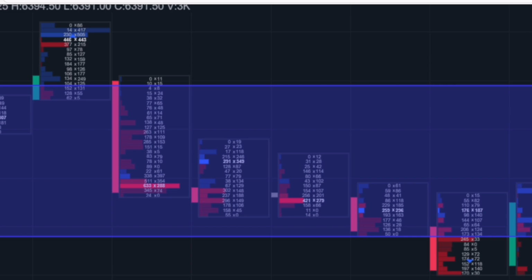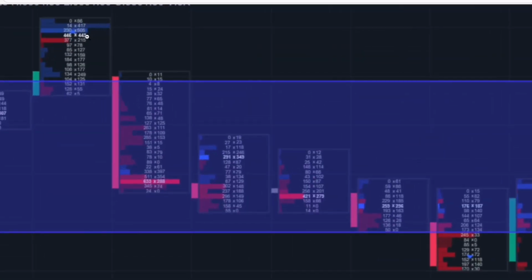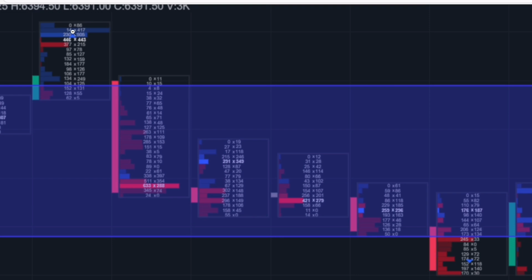We have positive delta because it's in blue, 14 times by 417, so the delta is significantly positive. The delta in this case is 403, 417 minus 14. That is a very, very large positive delta.